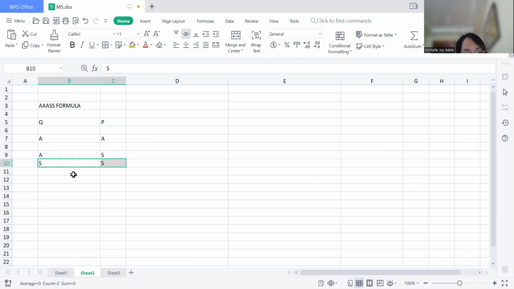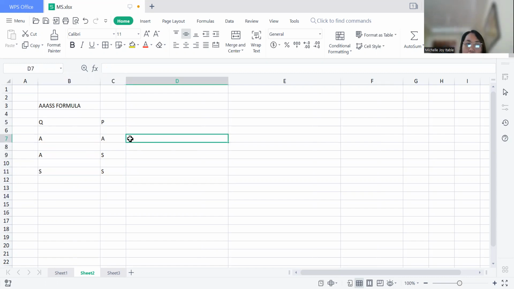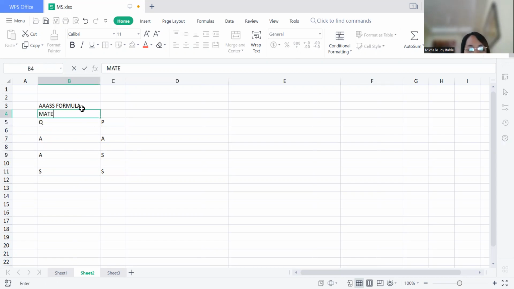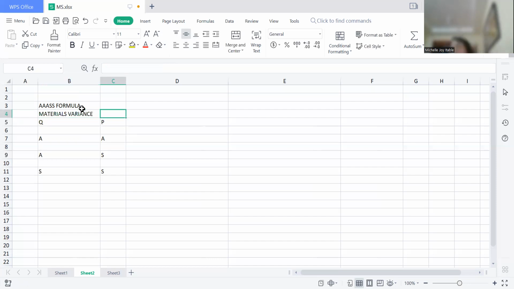Lagay natin dito: actual quantity, actual price; actual quantity, standard price; standard quantity, standard price. So for the materials variance, we have two types of variances, yung quantity variance and yung price variance.